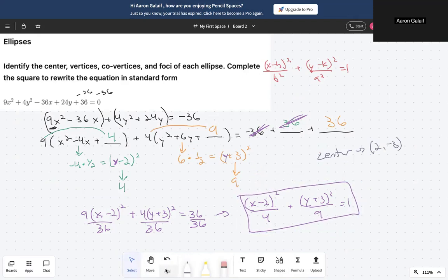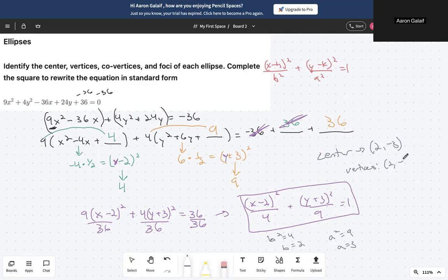Okay. So that means we take our a value and we change that plus or minus based off of the current y center value. So this is what we do. Vertices: we have 2, and notice that a squared is equal to 9, so a is 3, and b squared is equal to 4, so b is equal to 2.